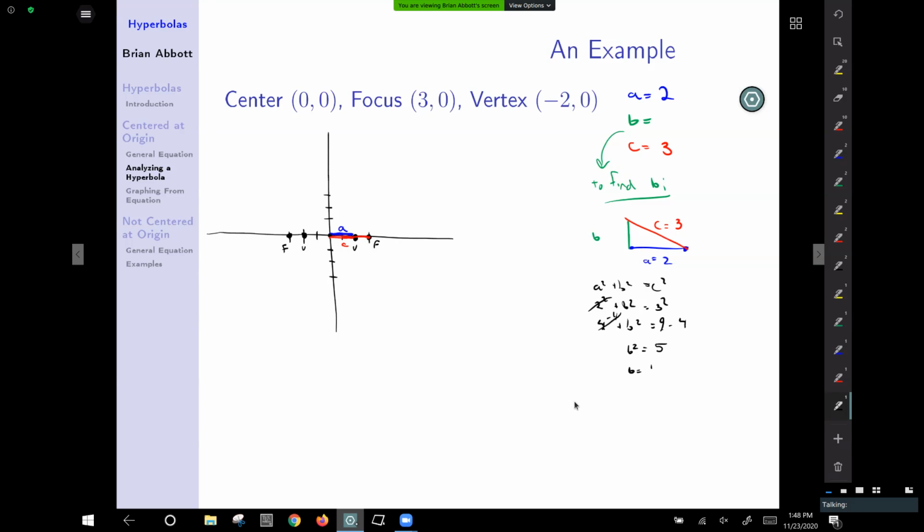B is equal to plus or minus the square root of 5, but we're measuring distances here, so we're going to say that our B value is square root 5. And just to help us graph it, the decimal approximation of root 5 is 2.2. So I'll go over here to my picture and say 2.2. That means I must have a point slightly above 2 and then slightly below 2 in the negative direction. And this will give us our B value there.